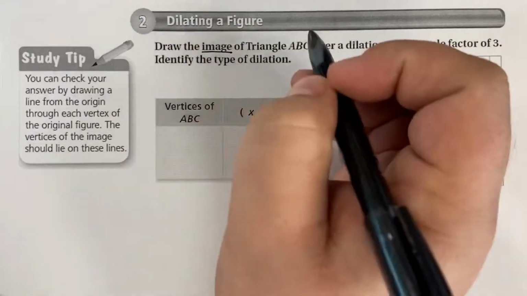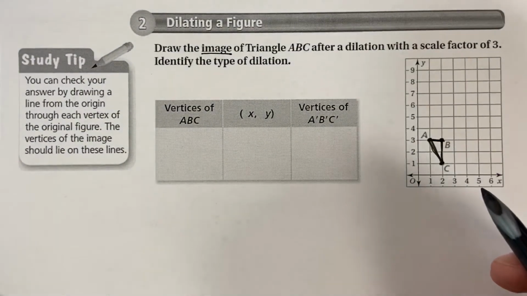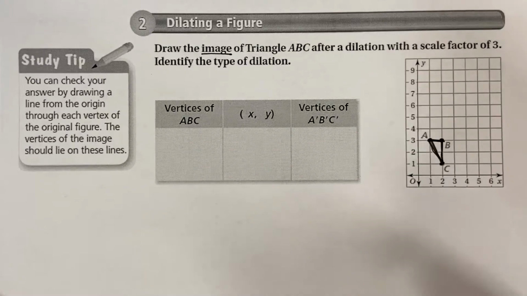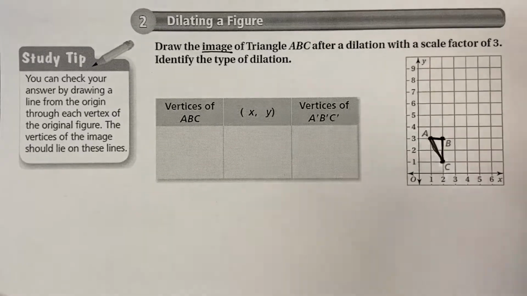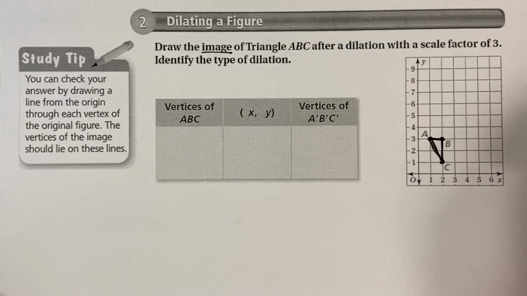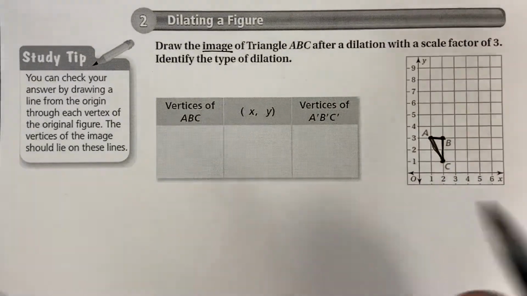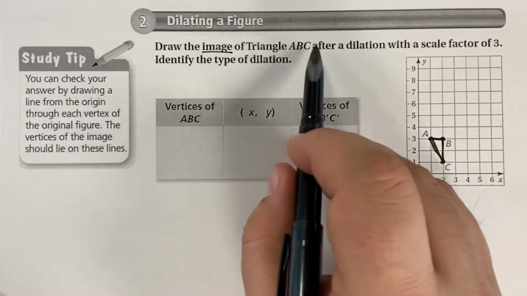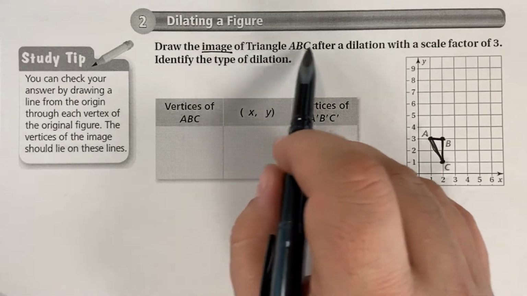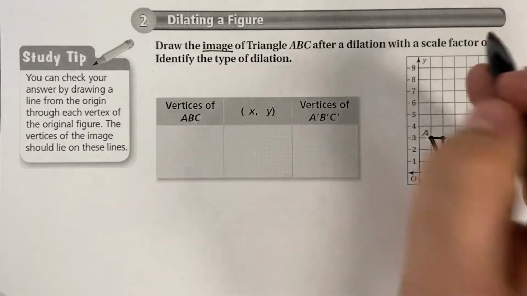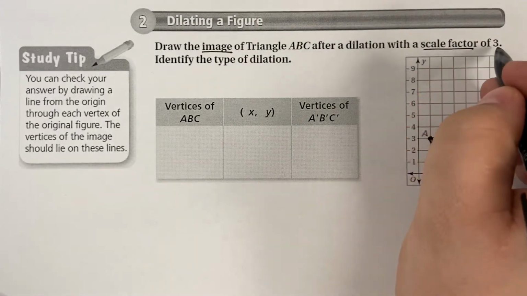The image is what we call something after a transformation. So the image is basically a picture or a snapshot of something after it's been moved. All right, then the triangle of ABC after a dilation with a scale factor of 3.